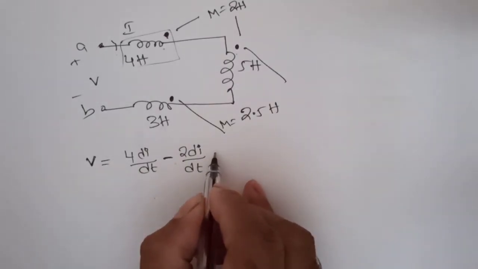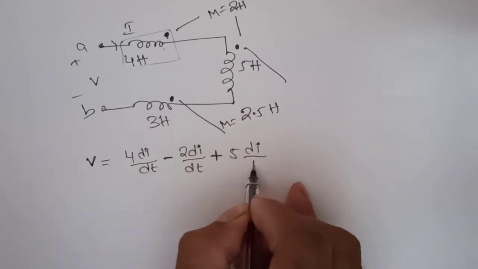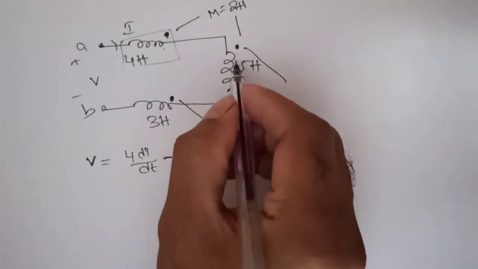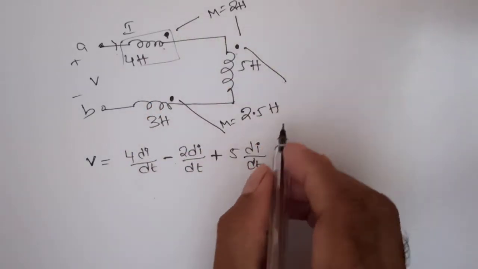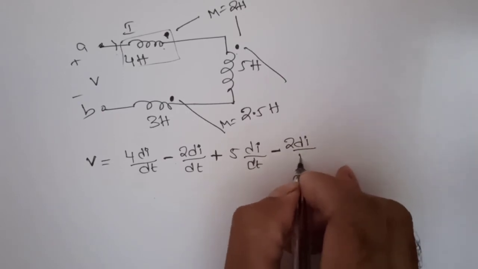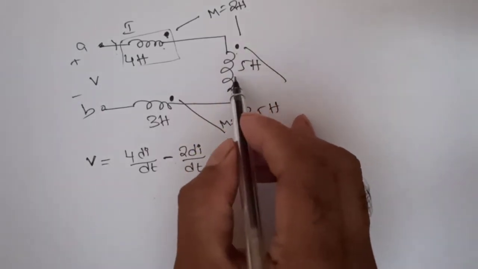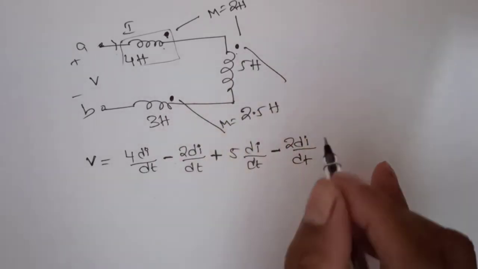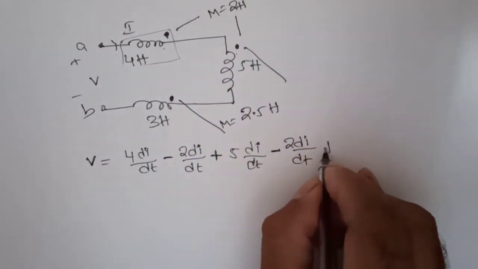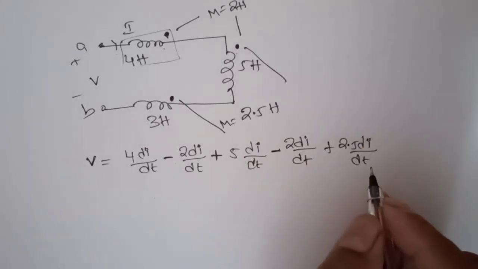Likewise, for the second coil the self-inductance term is 5 into di by dt, and the mutual inductance with respect to the first one is minus 2 into di by dt. With respect to the third one, it is entering and entering, so we take this as plus 2.5 into di by dt.